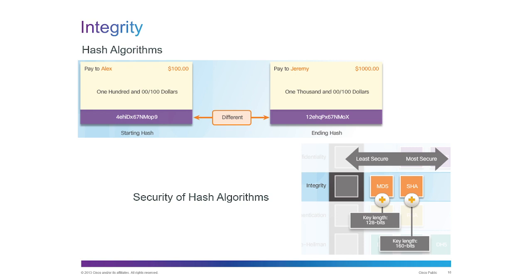Then for integrity, as we have discussed previously, we get it through hashing, another cryptographic concept, where we create secure hashes using hash algorithms, and that provides the integrity part in addition to the confidentiality part.